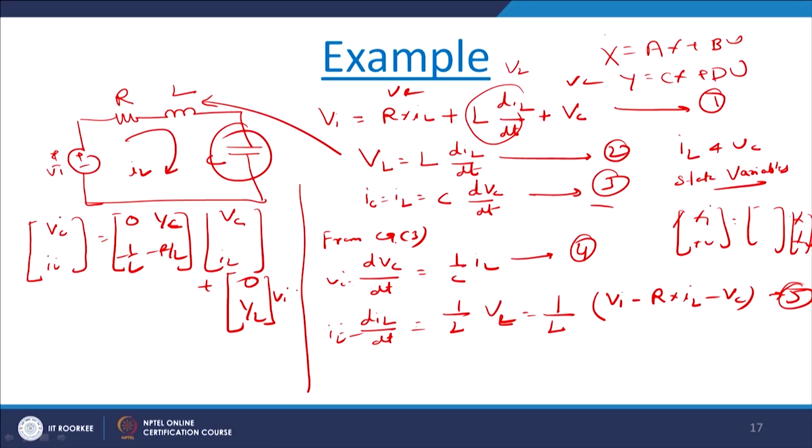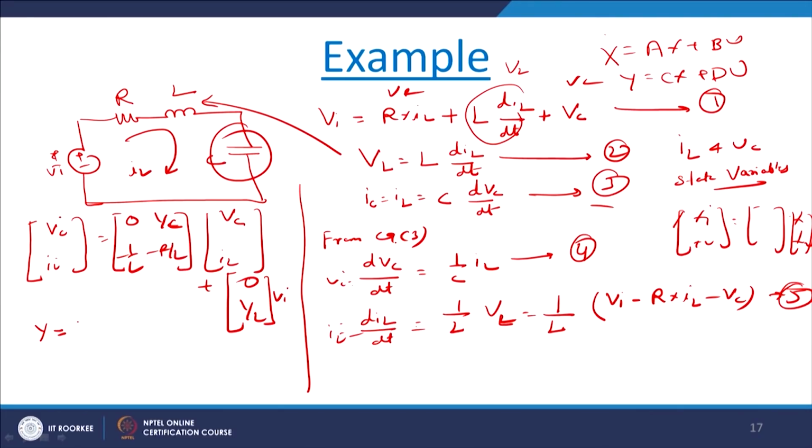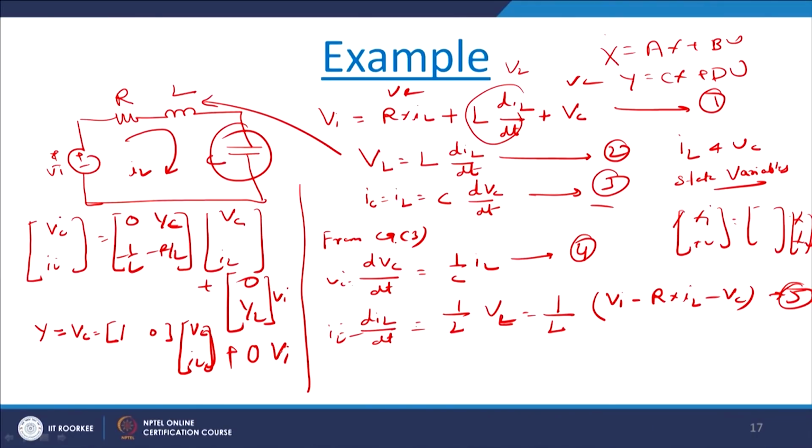And now what is the output? Your output is Y, that equals VC. So VC means here we write 1 0 into VC and IL, and what about the input? D is 0, so we can write D 0 into VI input.